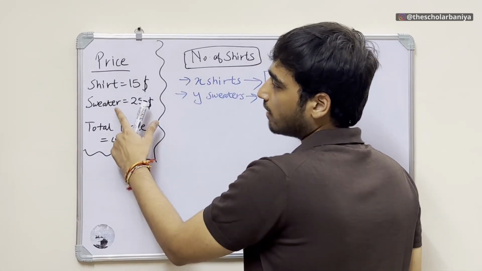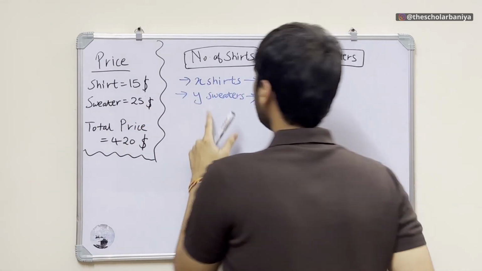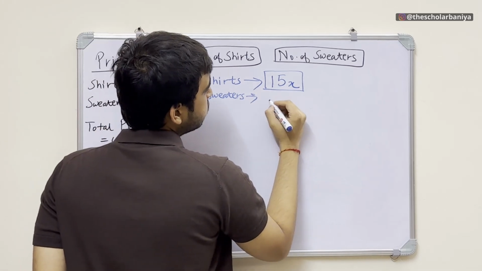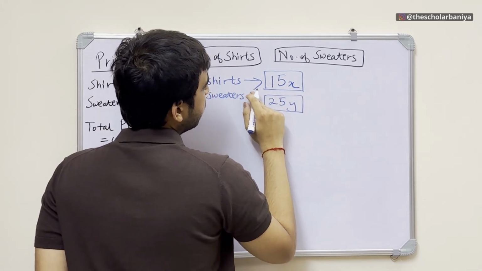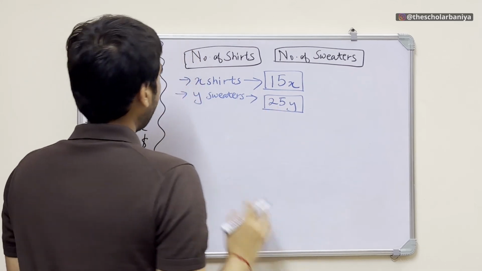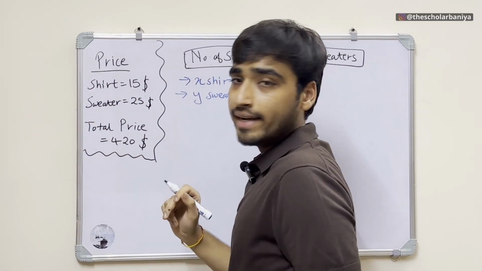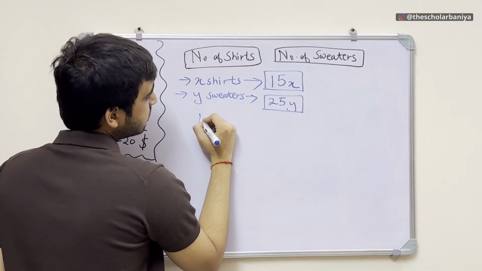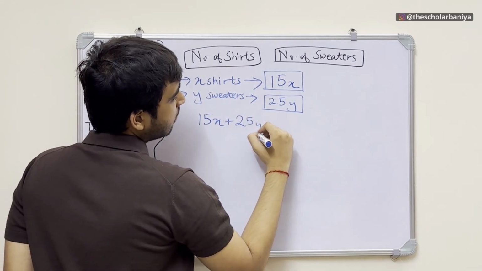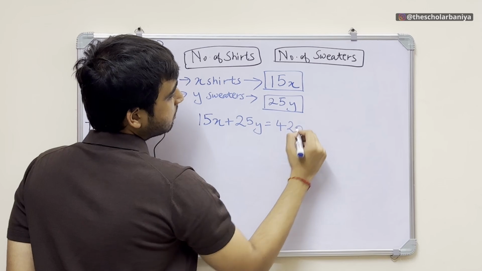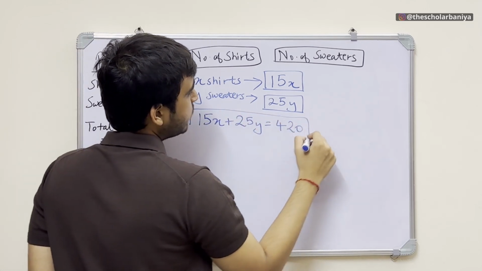The cost of one sweater is 25, so the cost of Y sweaters will be 25Y. And we also know that the total cost is 420. So the total cost will be 15X plus 25Y equals 420. This is the equation we are getting.